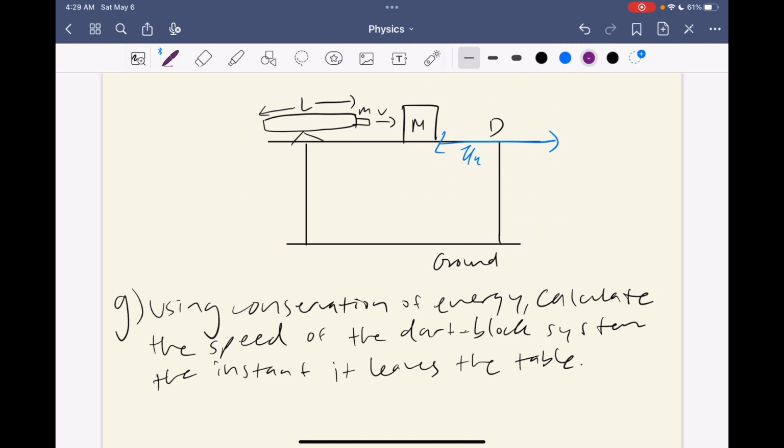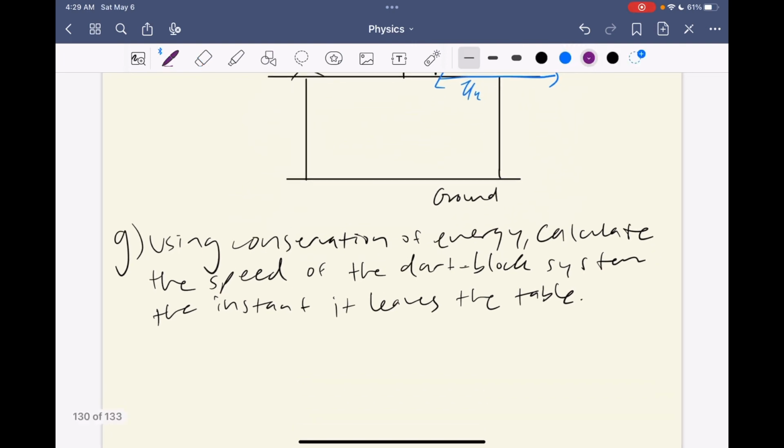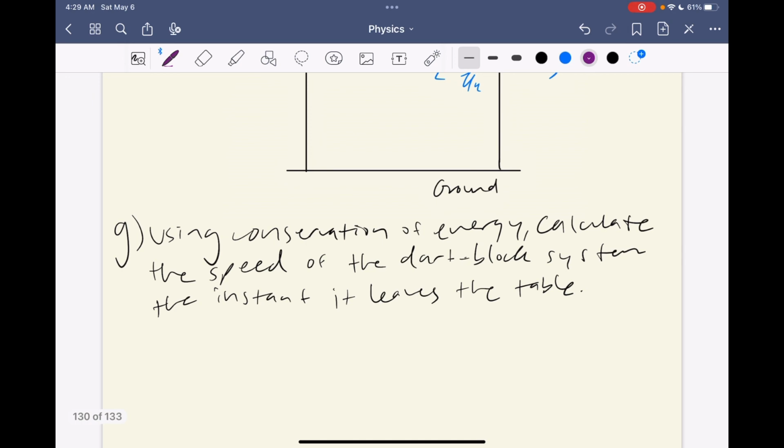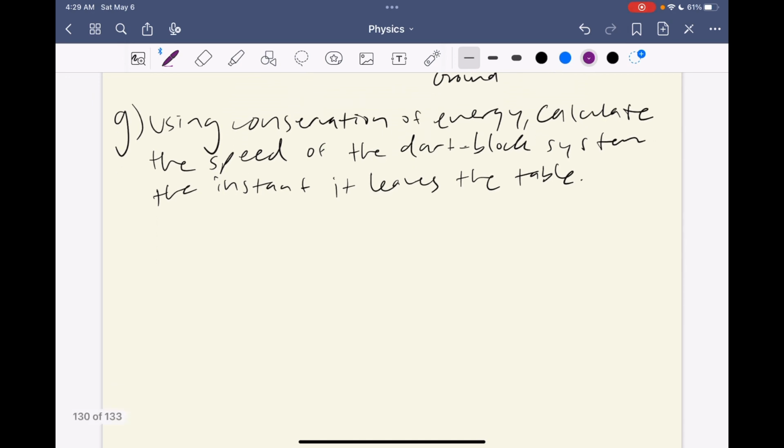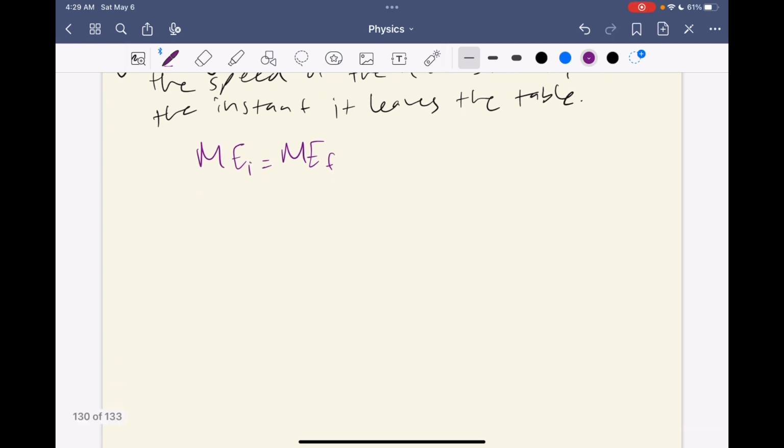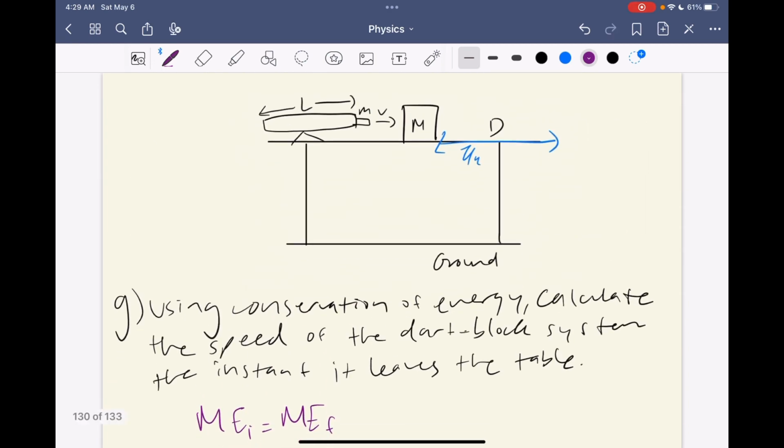So for part G, it says using conservation of energy, calculate the speed of the dart block system the instant it leaves the table. So conservation of energy is initial mechanical energy equals final mechanical energy. And basically, we know that there would only be kinetic energy and energy loss, because there's no potential energy.